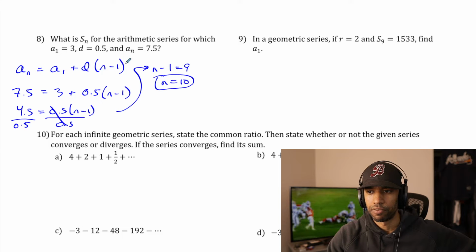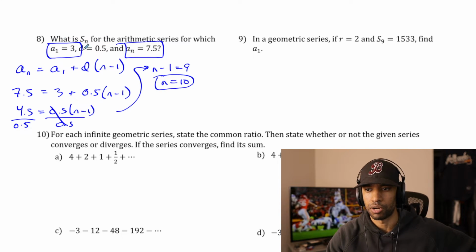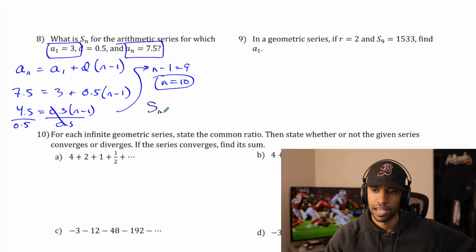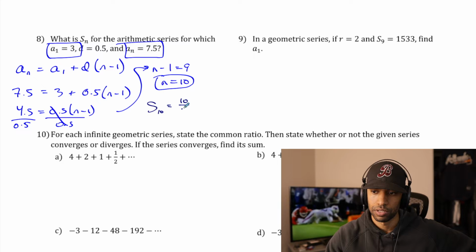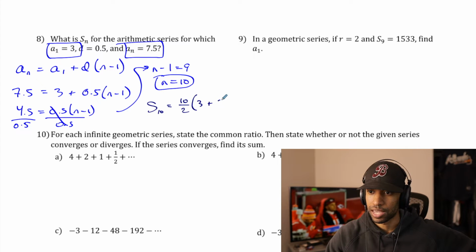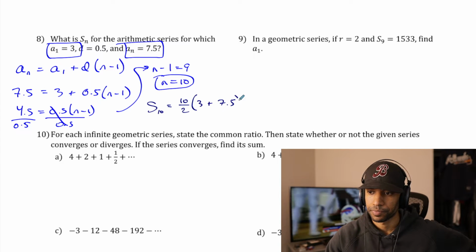So we have our number of terms, and then we need our last term in our sequence and our first term in our sequence for our formula here. So S sub 10 is n over 2 times a sub 1 plus a sub 10, the 10th term in the sequence.